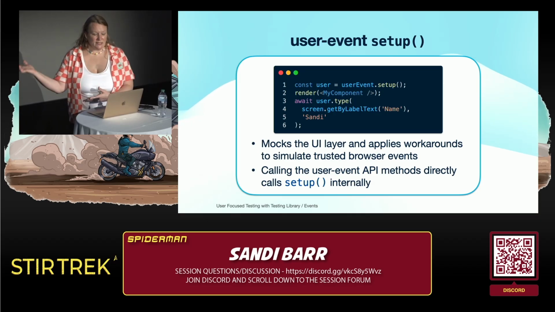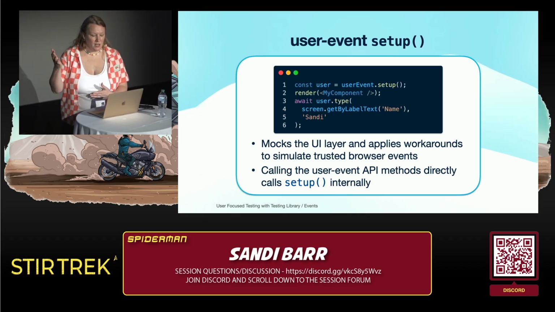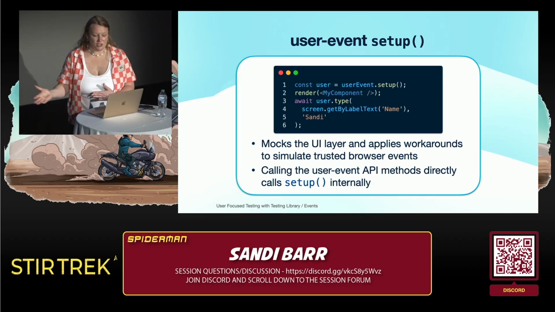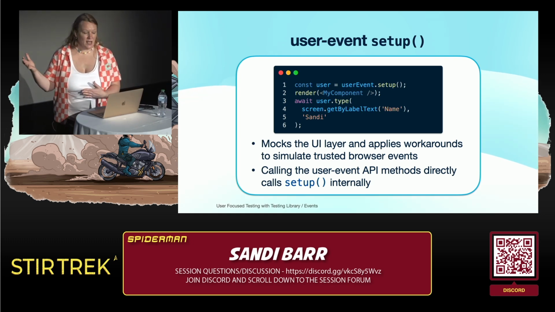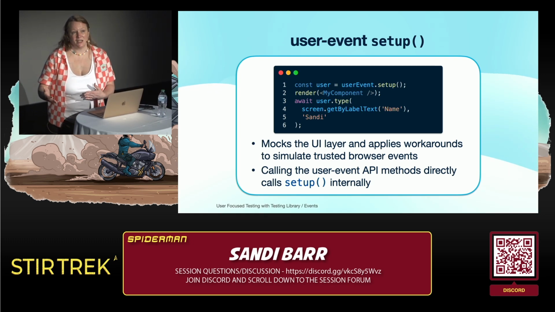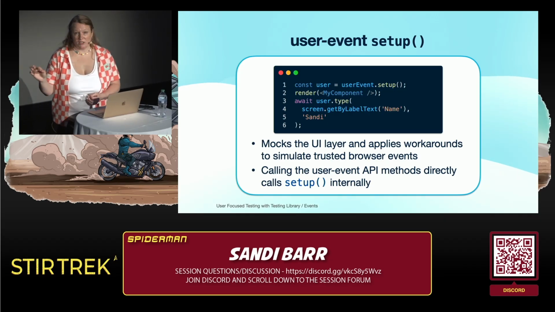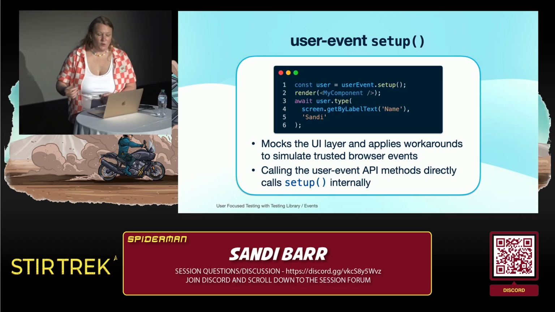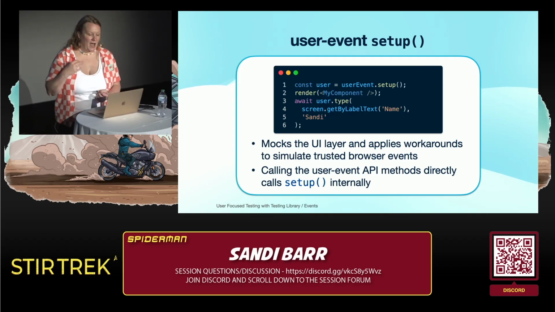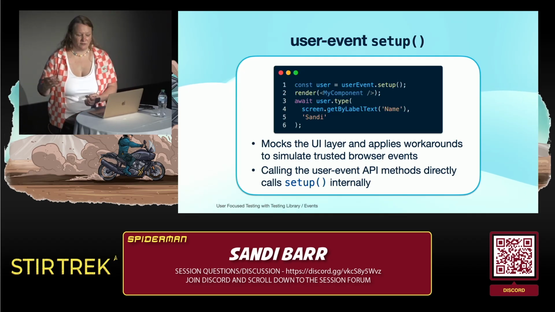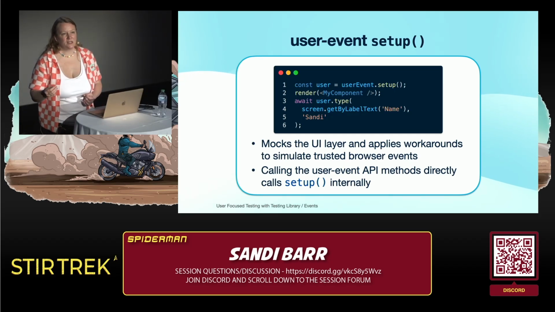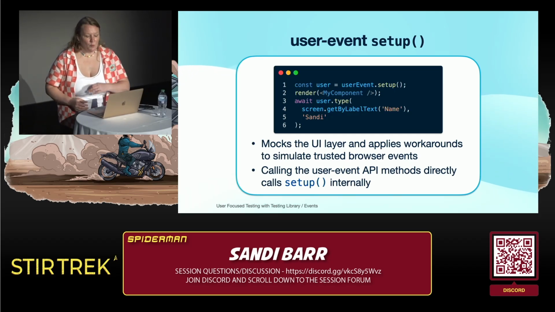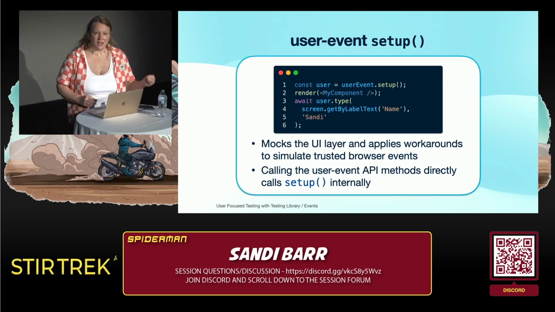So the user event setup function should be called to invoke and start a session and configure an instance of user event, applying these workarounds and the configuration from the beginning before the component is rendered. Setup was actually added in version 14 of user event, and so for backwards compatibility with prior versions, the user event API methods can be called directly, but then they will each invoke the setup under the hood.